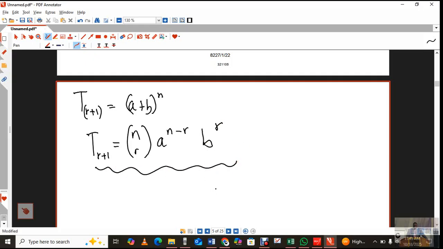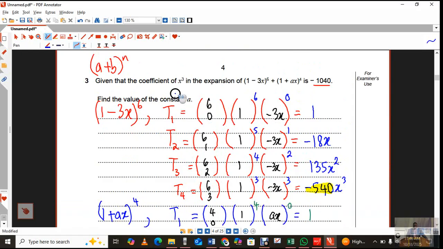So let's do this for this one. 1 plus, no, it was minus rather, minus 3x raised to the power of 6. And the other one that we also have to consider was 1 plus ax raised to the power of 4. Then I know that they were talking about the terms in x cubed, given the coefficient of x cubed in the expansion.